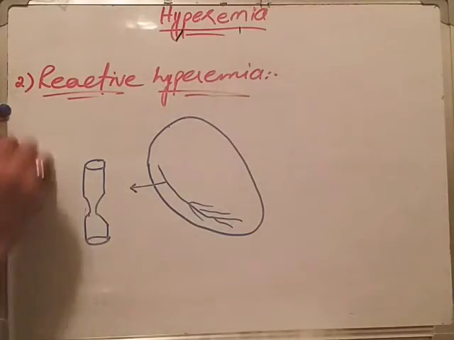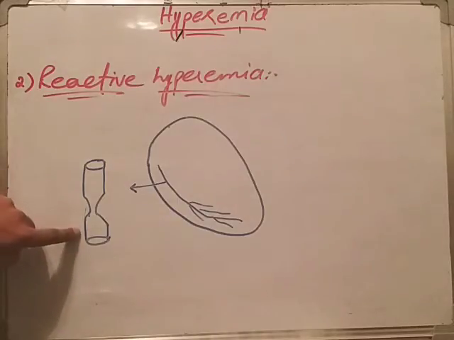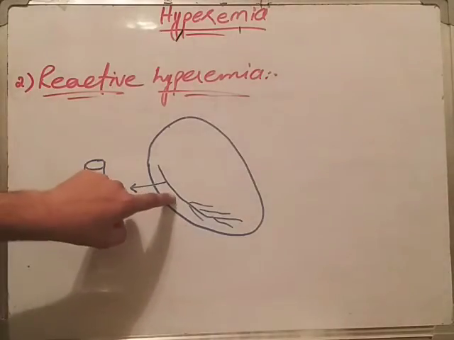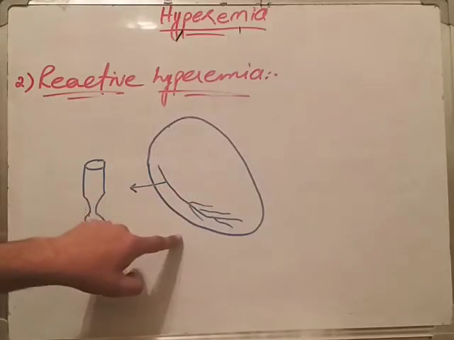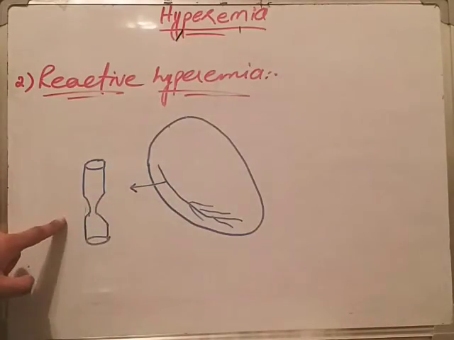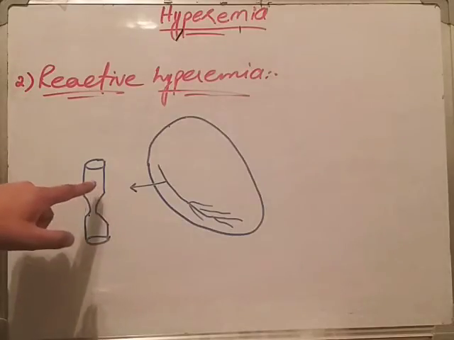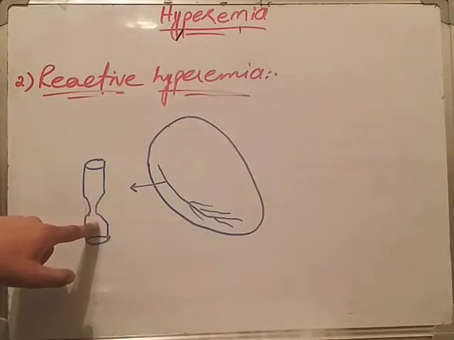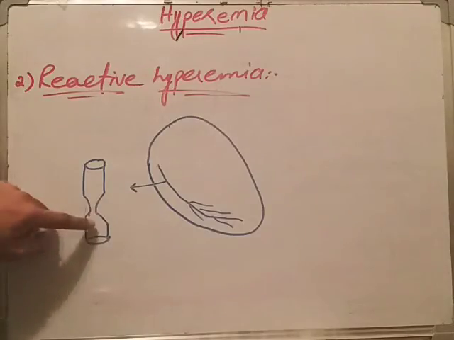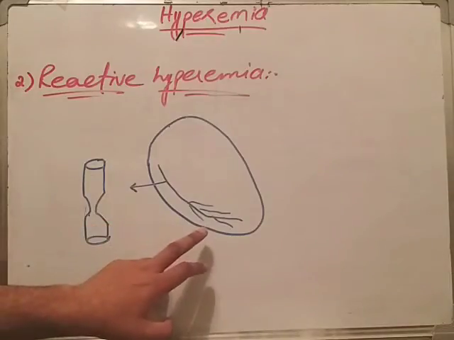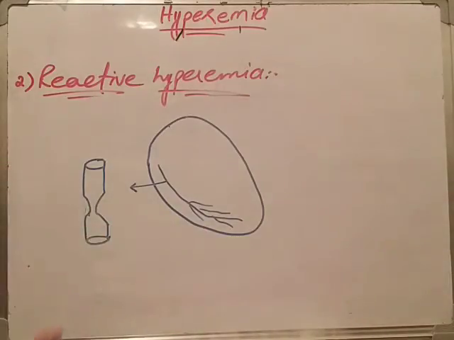So here the oxygen to that particular region of the heart decreases, and after treatment or due to vasodilators, the artery that is providing blood supply to that particular region comes again to its normal position.